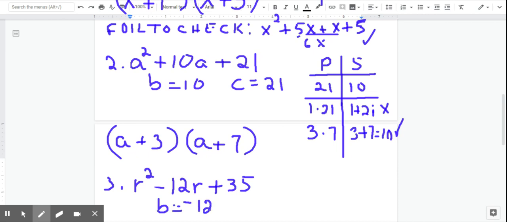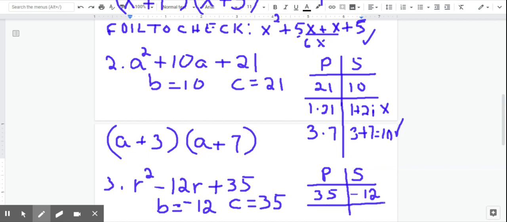Don't forget that negative sign in front of the 12. And c in this one is 35. Our constant is 35. So we set up our table, product, sum. The product is 35. The sum is negative 12.